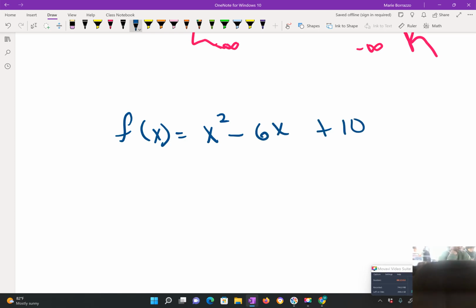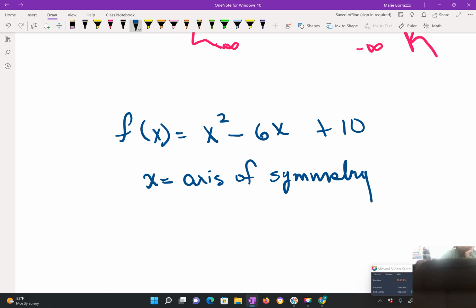If we're drawing this, the vertex or the x value, which is referred to as the axis of symmetry, do you remember that? Yeah. Okay. So the axis of symmetry, which we use with the original f of x, is negative b over 2 times a. Remember, in this function there is a 1 here, you have a negative 6, that's your negative b, and this is your c term.